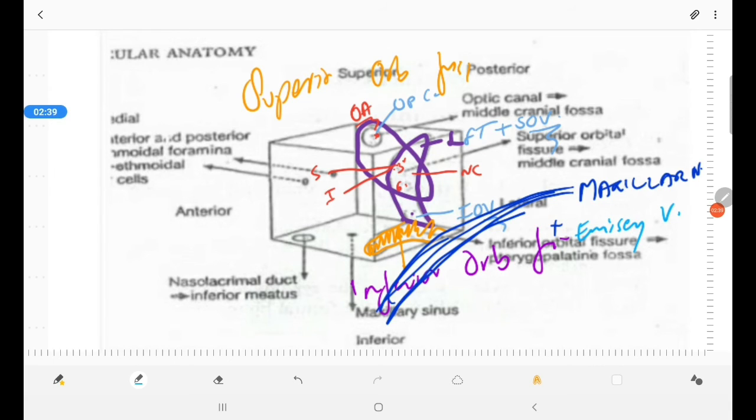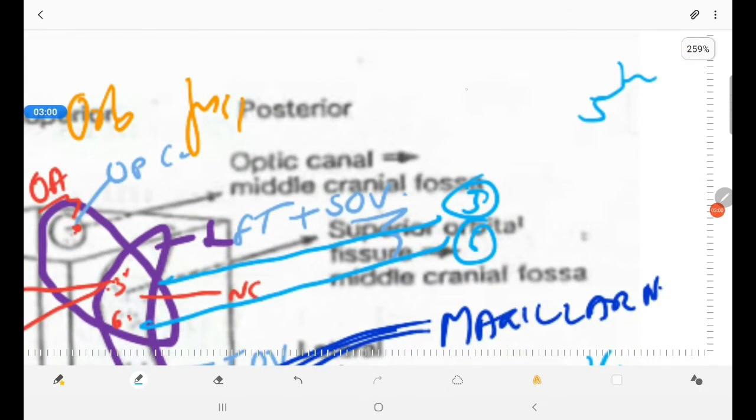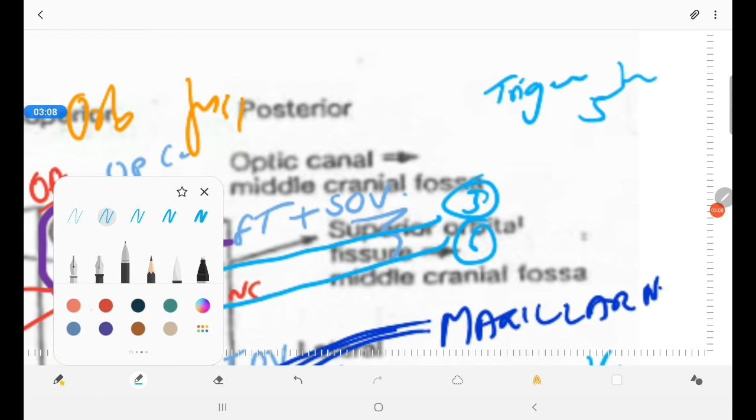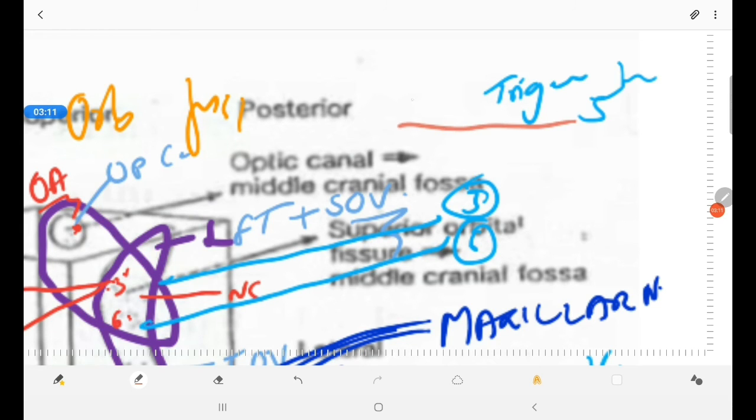So you know this is where the oculomotor nerve is. This is where the 6th nerve is. The maxillary division, you know, is actually a division of the 5th or trigeminal nerve. So it has given out the ophthalmic division, the ophthalmic nerve.